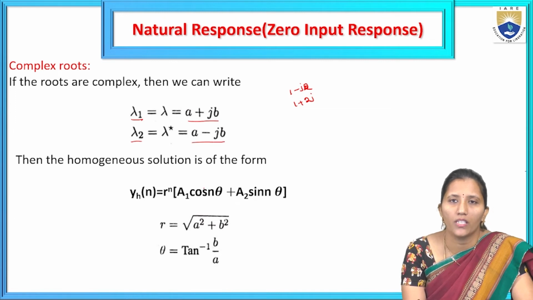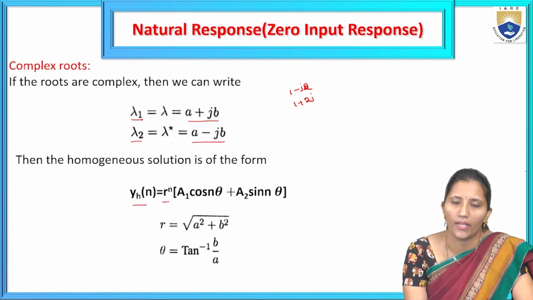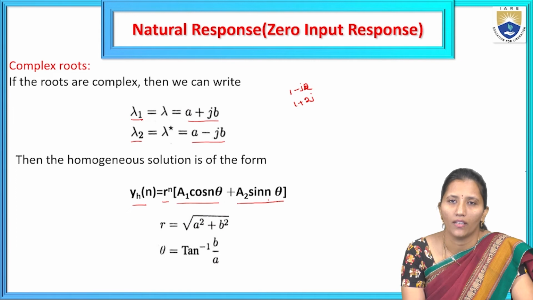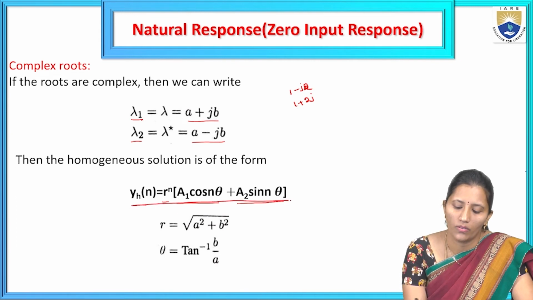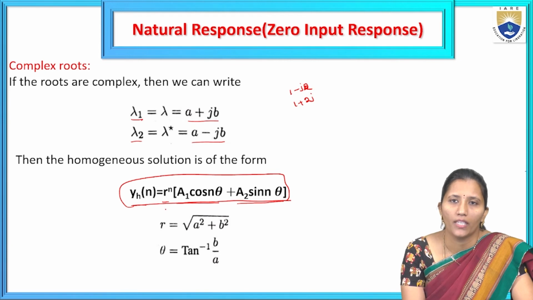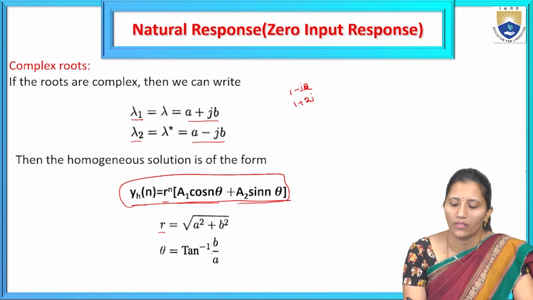Then the homogeneous solution is of the form yh of n is equal r power n into a1 cos n theta plus a2 sin n theta. Thus directly we can write the solution. Here yh of n is equal r power n a1 cos n theta plus a2 sin n theta. So here our r is square root of a square plus b square, theta is equal tan inverse b by a.